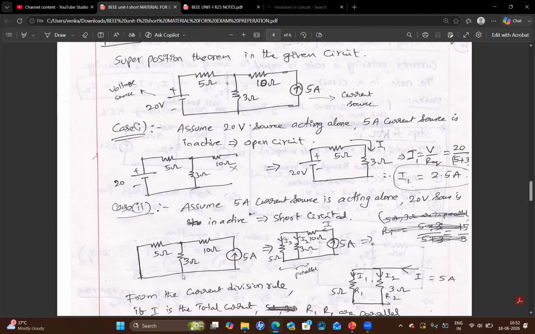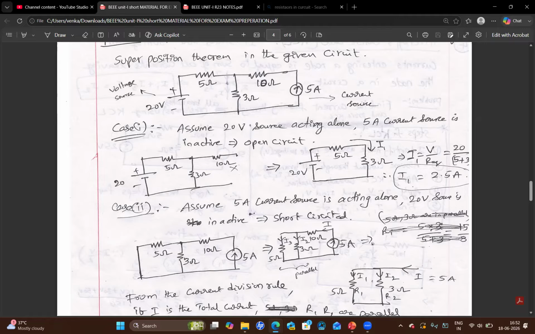In this circuit you can clearly identify that these two resistors are in parallel, because the first points of these two resistors are the same, and the last points of these two resistors are also connected to the same point. So definitely these two are parallel. When these two are parallel, we can rearrange the circuit like this.